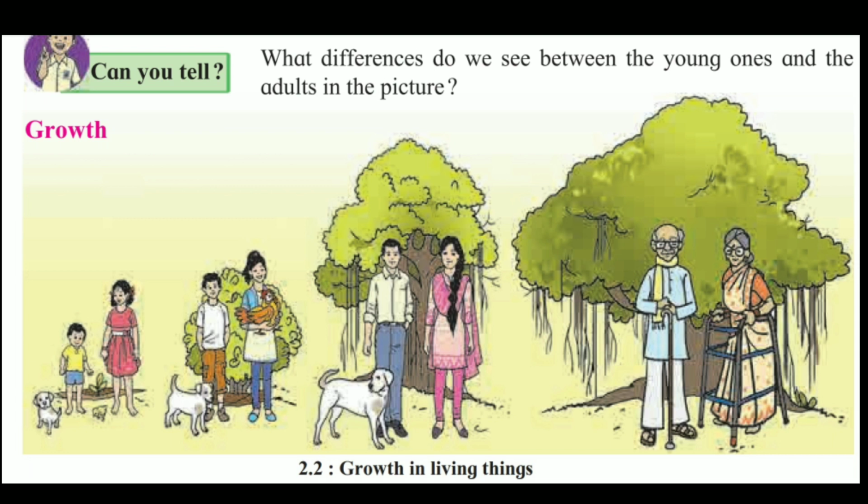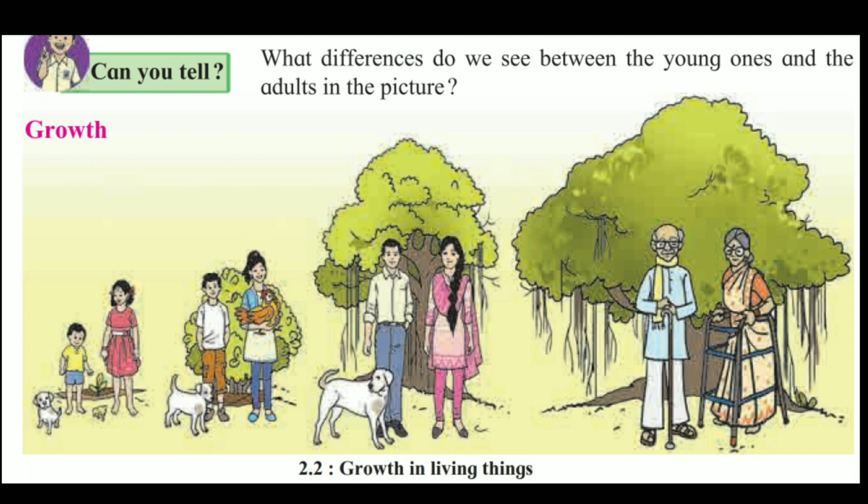Now, in the next picture, you will see the same living things with increased height, weight, and strength. See the third picture and see the fourth. You will see all these living things increasing in their height, weight, and strength.